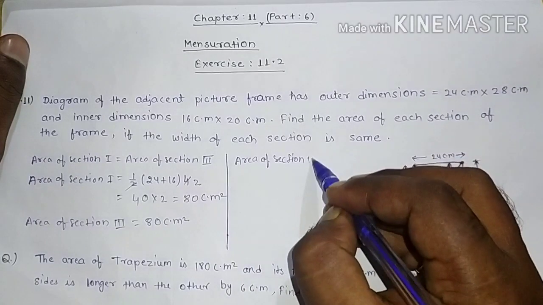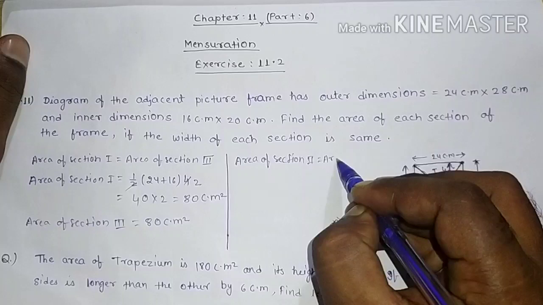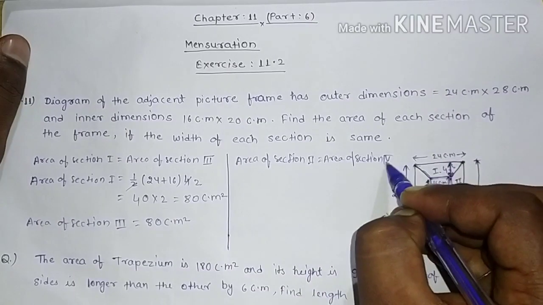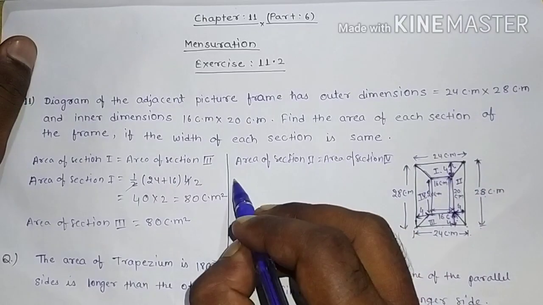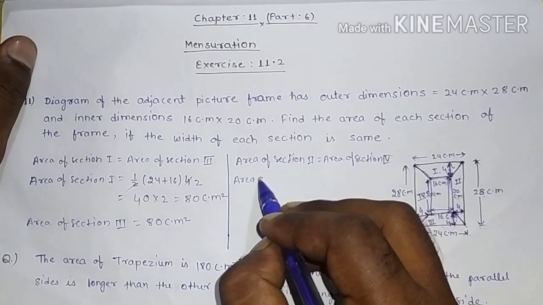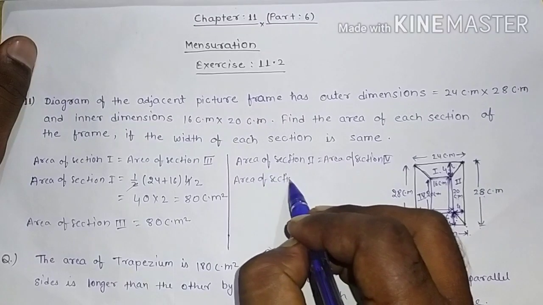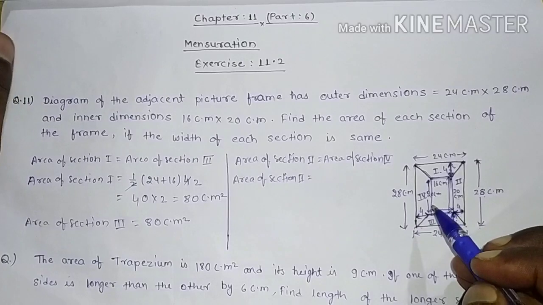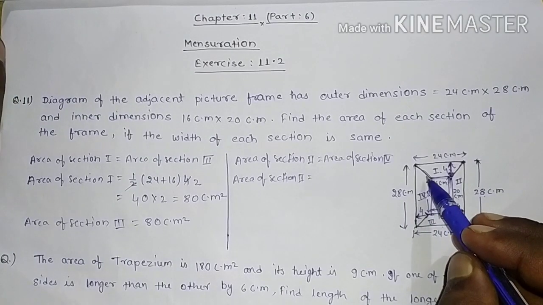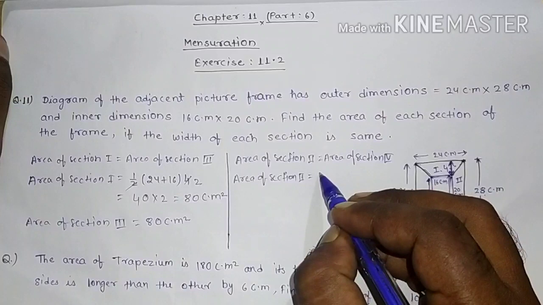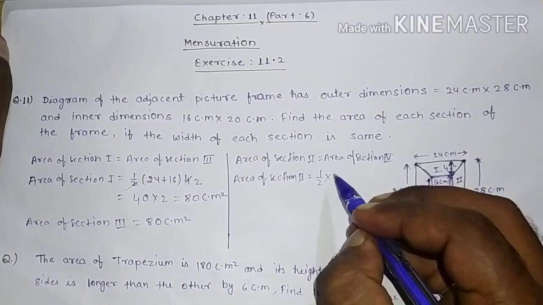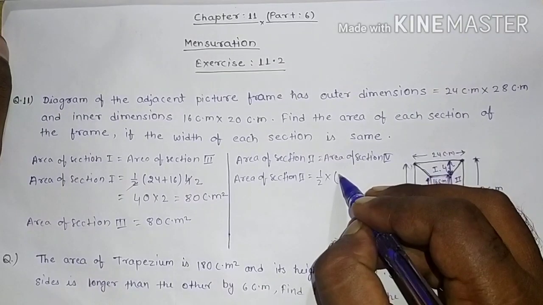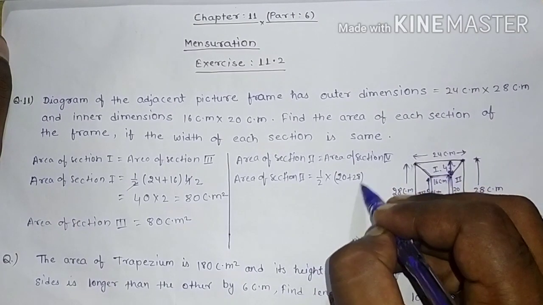Area of section second equals area of section 4, so just find the area of section second. The formula is the area of a trapezium. Area of trapezium is 1 by 2 times the sum of parallel sides, that is 20 plus 28, into height.